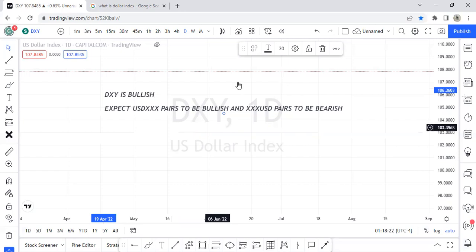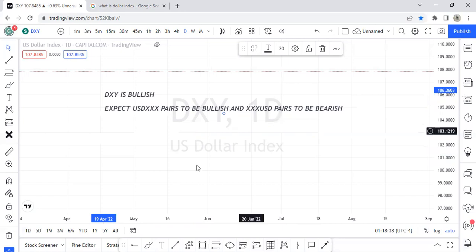But when the DXY is bearish, expect the pairs that are trading against the USD to be bearish. So this is the reverse. If the USD is bullish, that means the dollar is strong and is going upwards, you should expect pairs that are trading against the DXY to be bearish.